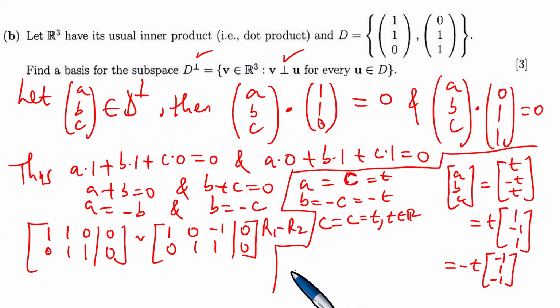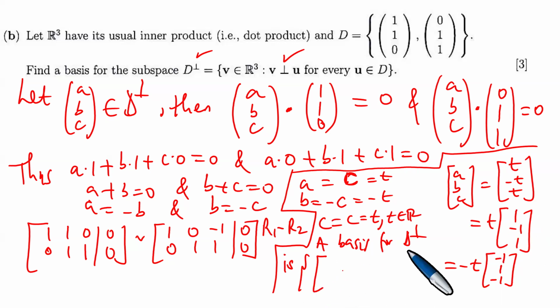Okay, so there are more bases than these, but in other words, you can then say a basis for D perp is what? So you can write the basis is the first one, which is 1, minus 1, 1, like this, or minus 1, 1, minus 1.